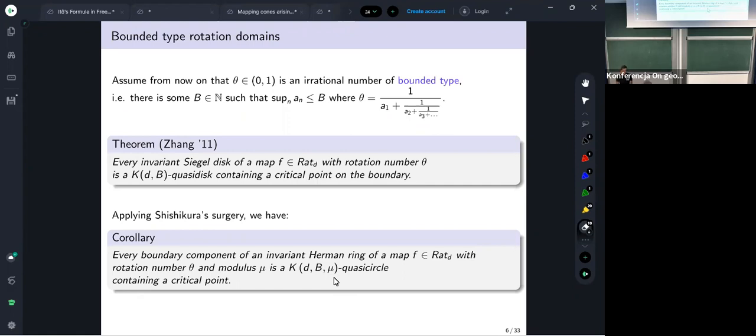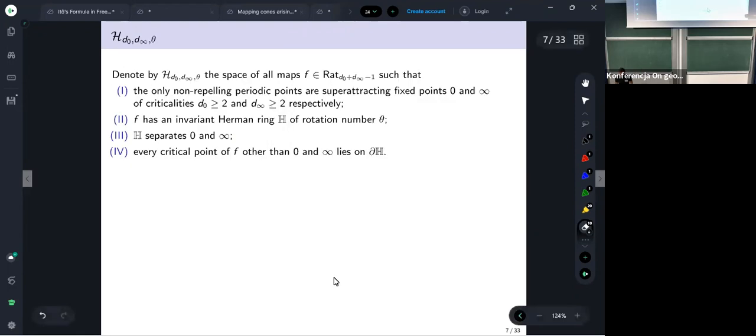The next question is, can I remove this dependence on the modulus? Is it actually possible? The answer is yes, at least for a certain class of maps that I'm going to introduce next. This is what I'm going to denote by curly H, which depends on three things: d0, d infinity, and theta.